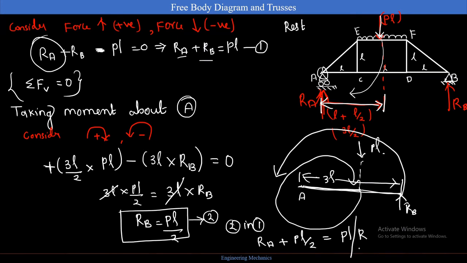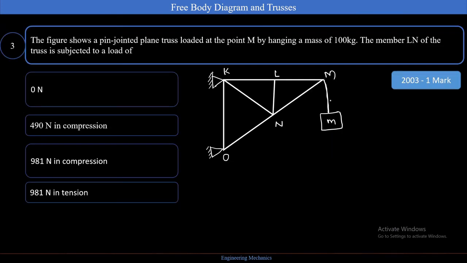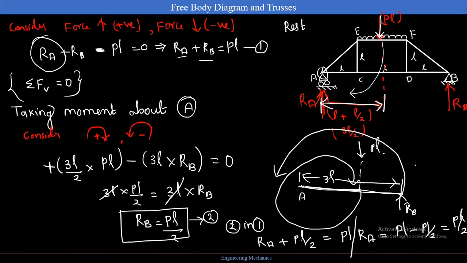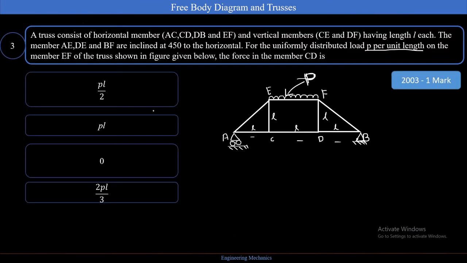So RA is equal to PL minus PL by 2, which is nothing but PL by 2. So let's see what the answer is here. It is nothing but option A, PL by 2.